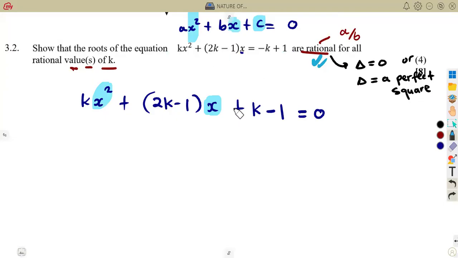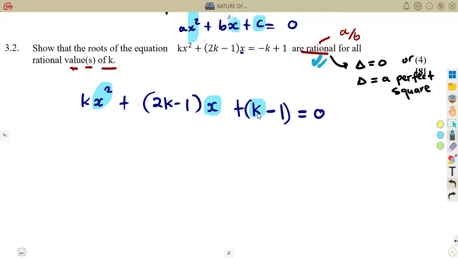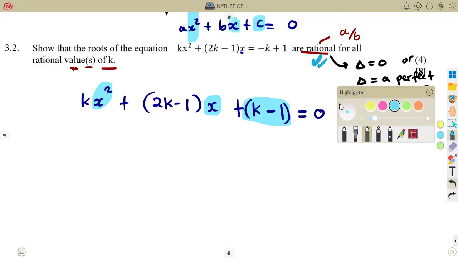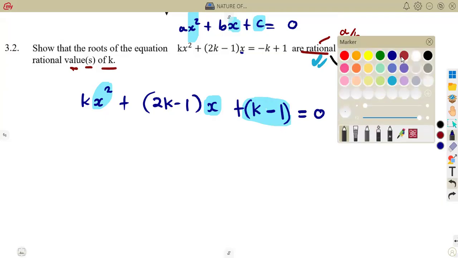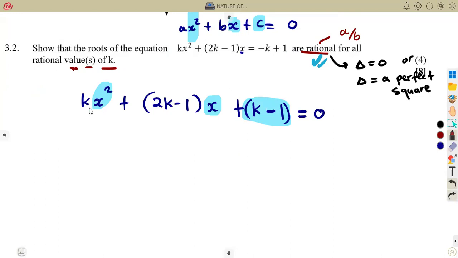As you can see, it's a plus here, so we can open a bracket. The plus does not affect it, so that we properly see our constant. The constant is this one, the k minus 1. We have exactly the format of a quadratic equation, but they are hiding it. Look, guys: ax squared plus bx plus c.